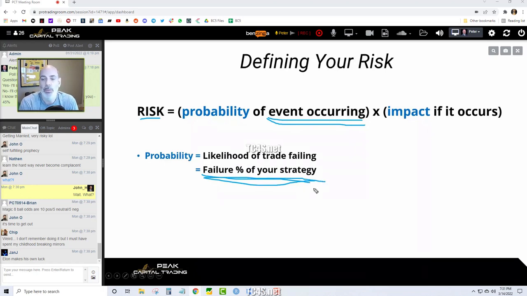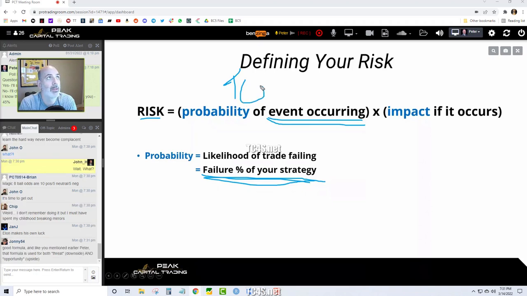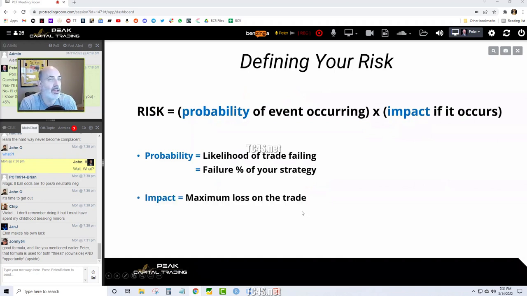And failure is what percentage of your trades fail. So if your trade works 60% of the time, you're going to have a 40% probability you're going to want to use here in this formula, right? And then what you're going to do is look at the impact. Well, what's the impact if it occurs?